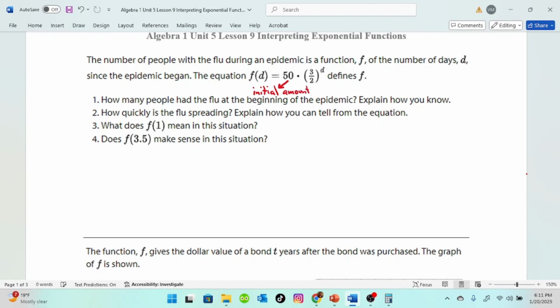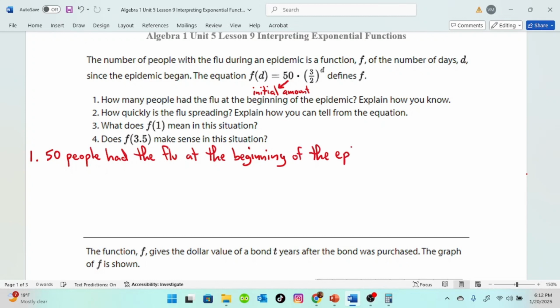So for number 1, 50 people had the flu at the beginning of the epidemic. And again, that's because up here, the number in the equation by itself is your initial amount.